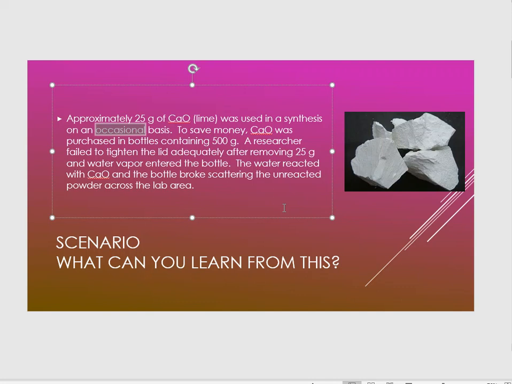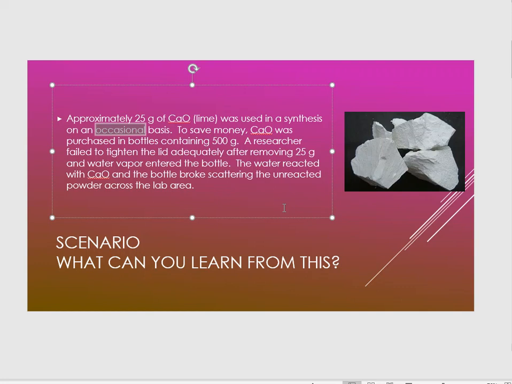So occasional basis is a key phrase here, because this person should have pulled up the safety data sheet on CaO and made sure that they understood the precautions and hazards associated with CaO before they used it.